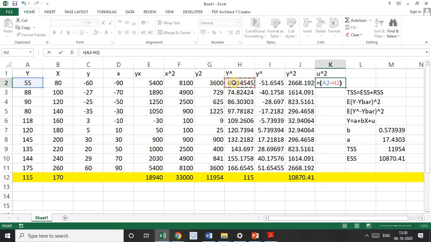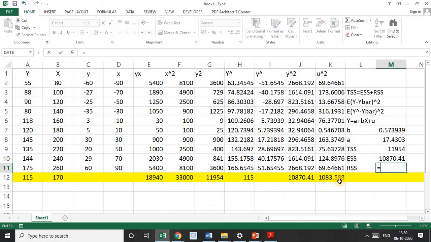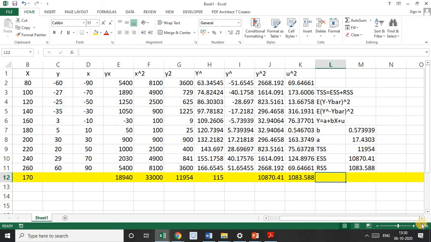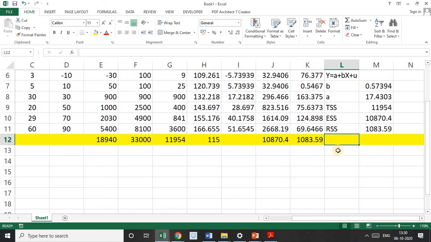Then you just square it, do it for all and sum it, and you will get RSS is equal to 1830.58.